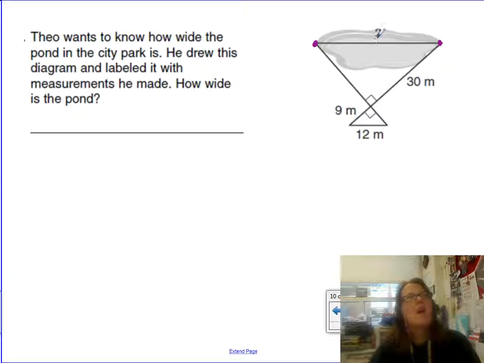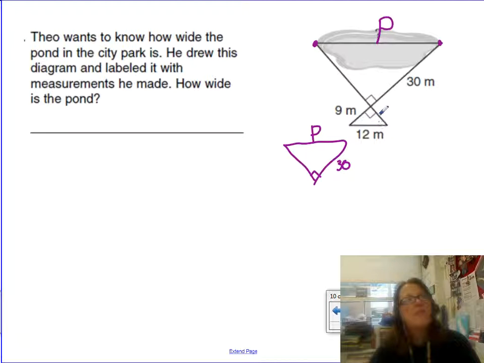So it's the pond, huh? Well, I'm going to use letter P for pond. Okay, but this is a little weird and we kind of need to turn things around because we can't just flip this upright, this baby triangle. Okay, we've got the big one like this. This is the right angle. This is P and this is 30.